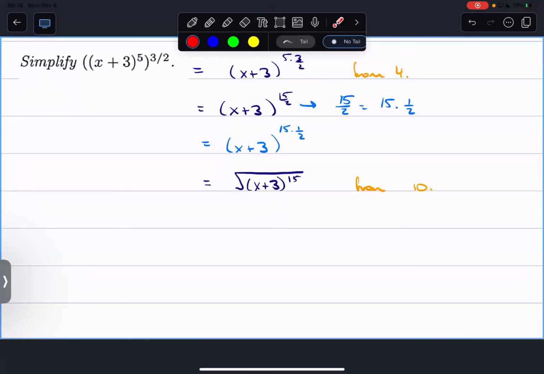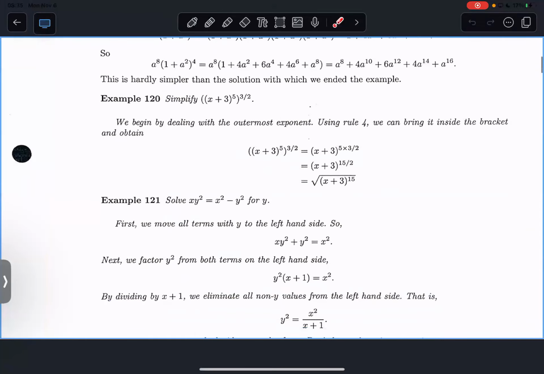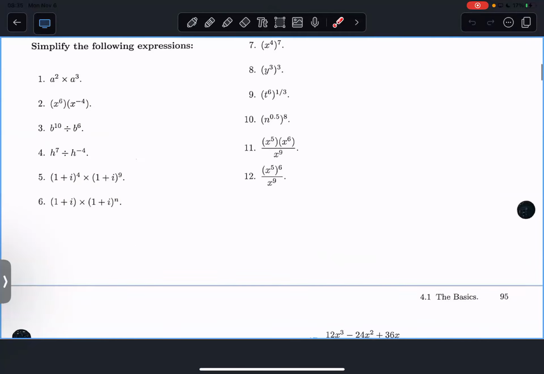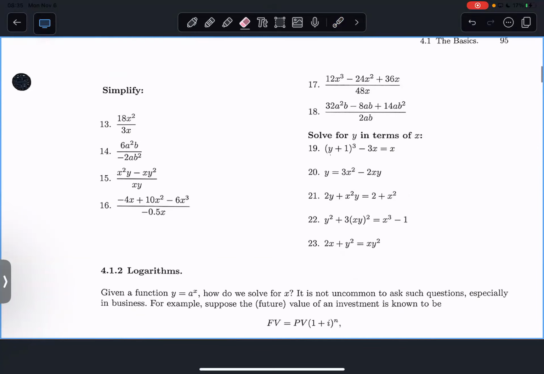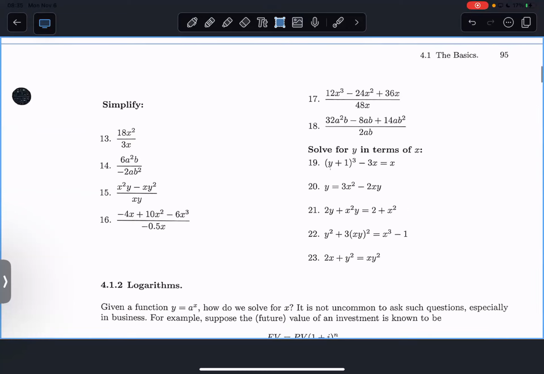Should I try to find another example? Let's see. They're all kind of the same after a while. I don't really want to do these.